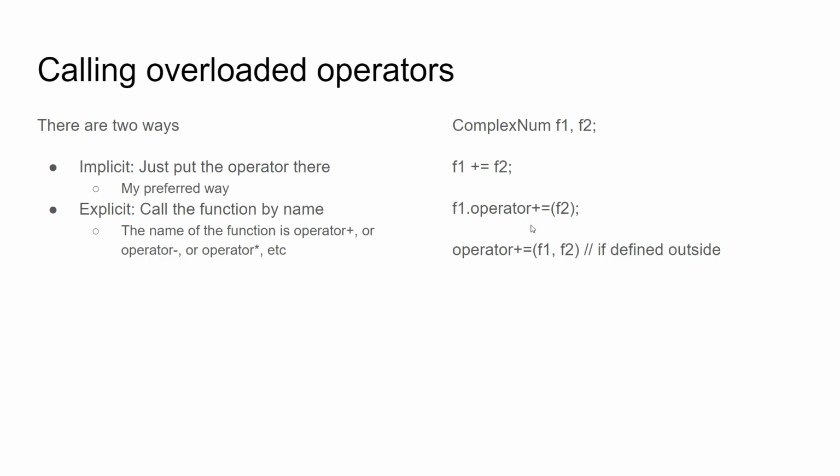Or if it was defined outside the class, operator plus equals f1 comma f2. Normally, if you're writing overloaded operators, you're doing it so that you can use this version, which I think reads a lot easier than these other two, but they are equivalent. And notice that when you do f1 plus equals f2, it really does get translated into a function call. We call some function that we said we want to run when this happens.